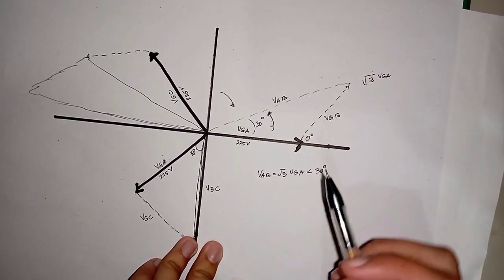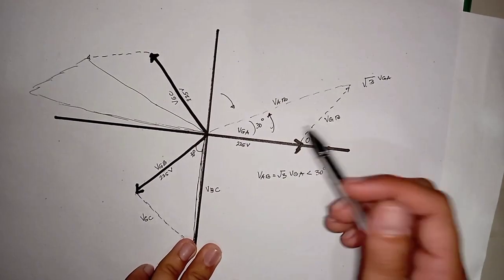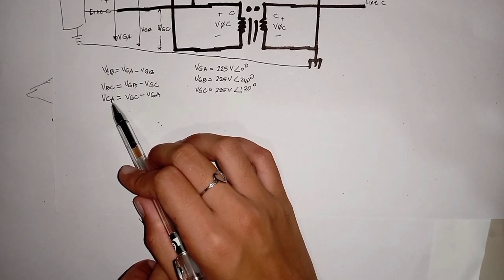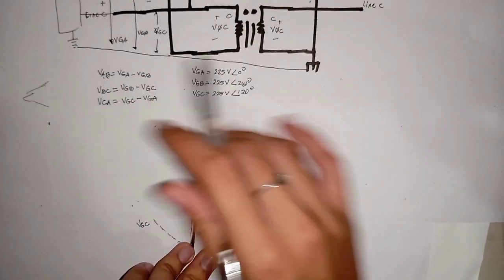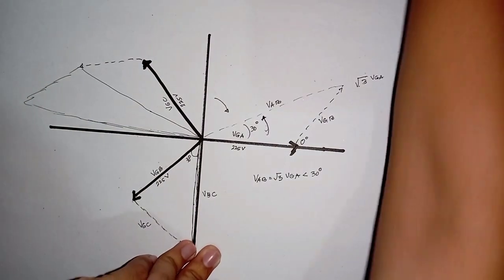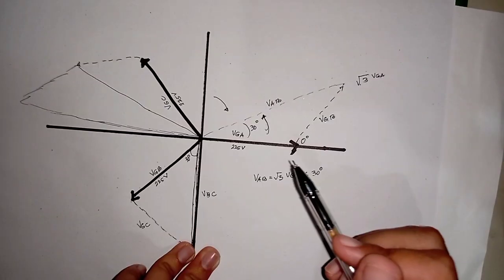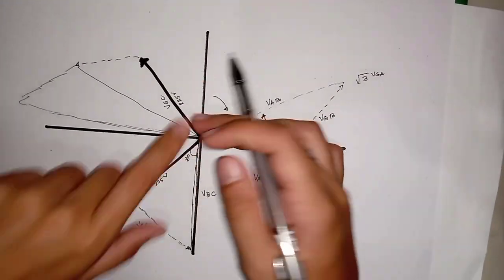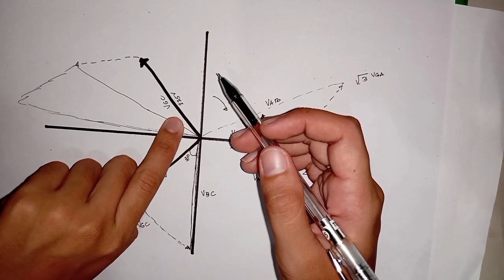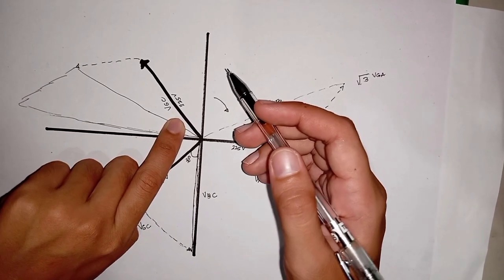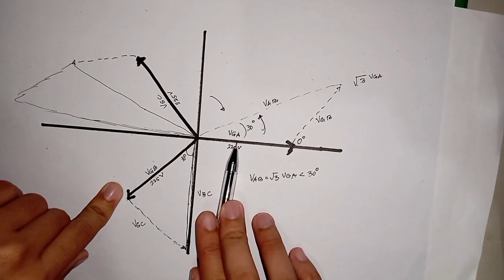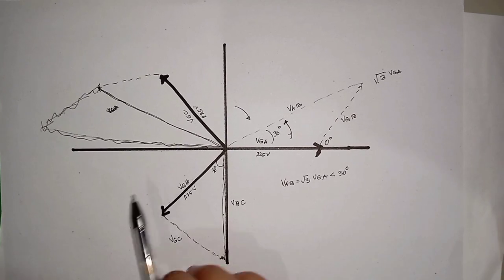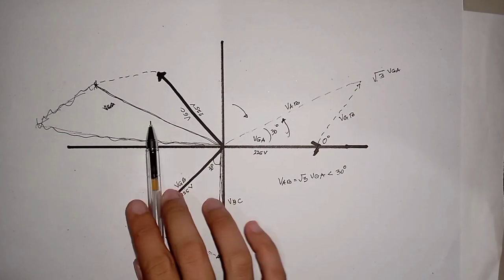Same with our VCA here. If you get the VCA in the phasor diagram, we plot it. Take a look at VGC. This is our VGC, and this is our negative VGA. This is our VGA, so our negative is here.